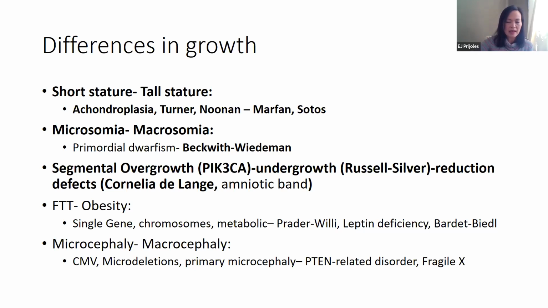That can be identified in individuals with PTEN pathogenic gene changes, where individuals can have macrocephaly and autism and specific skin findings, or Fragile X syndrome, where individuals typically have larger head circumferences and developmental and learning difficulties.